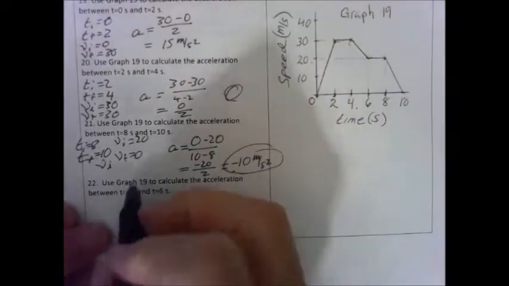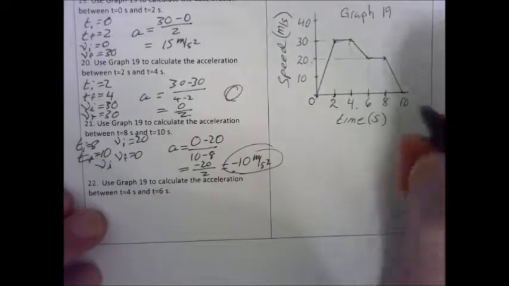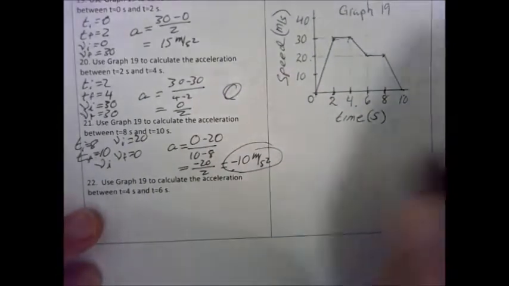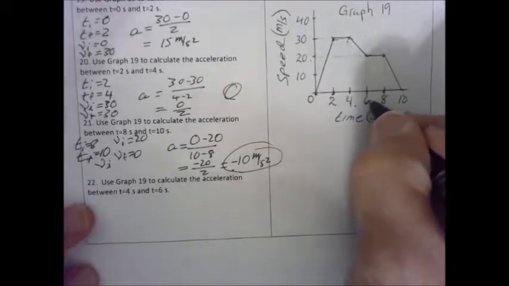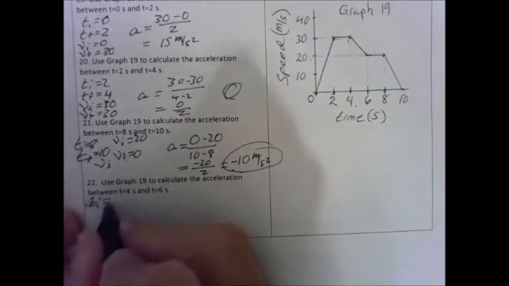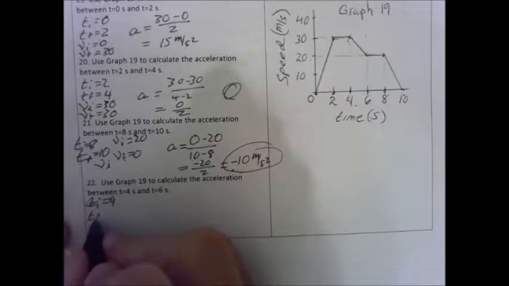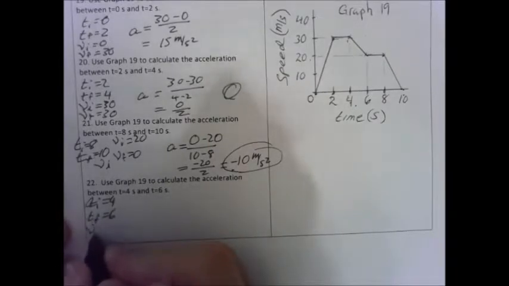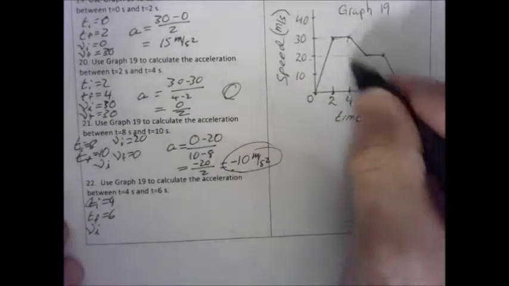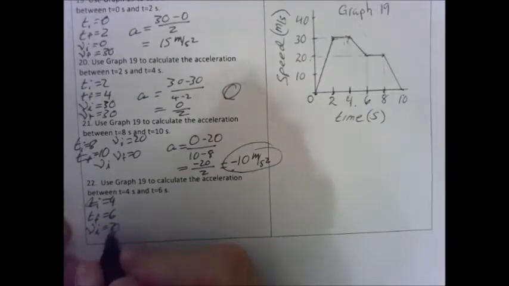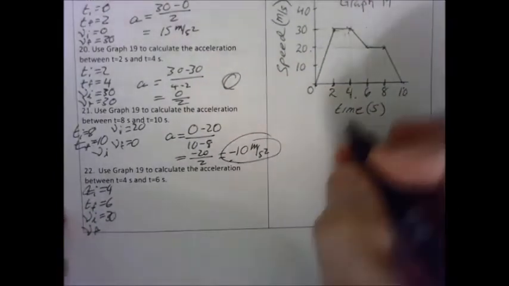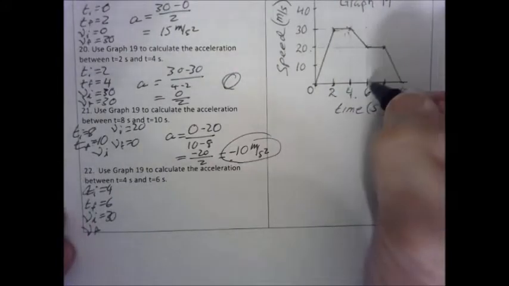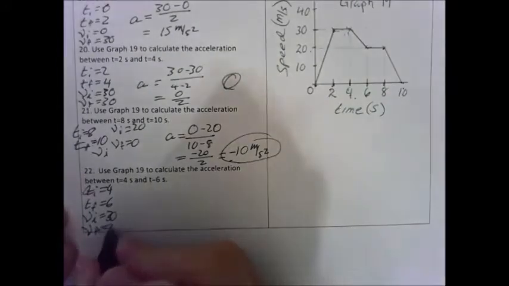And the last one here, gosh, this is a really hard part of the quiz too. Let's see. Between the interval of 4 and 6. Okay, so my initial time is equal to 4, and my final time is equal to 6, and my initial velocity, I go to 4, and that's 30. And my final velocity, can you see this on the page? Am I right? Yep. My final velocity at time equal to 6 is equal to 20.